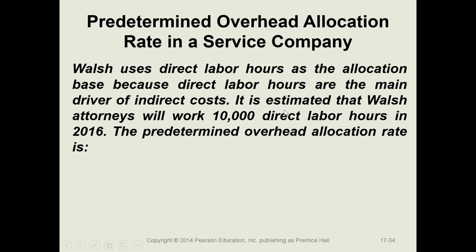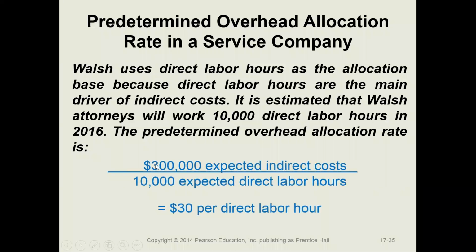So it's estimated that Walsh attorneys will work 10,000 direct labor hours in 2016. Okay, so the predetermined overhead allocation rate is the $300,000 expected, in other words, estimated indirect costs that we saw earlier.